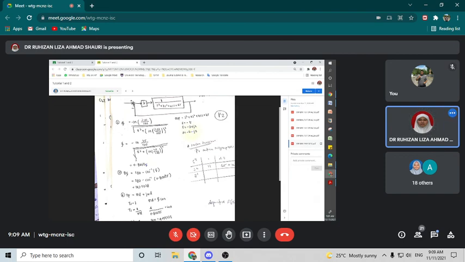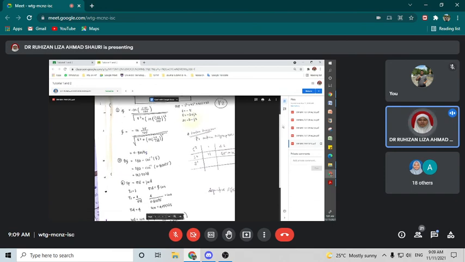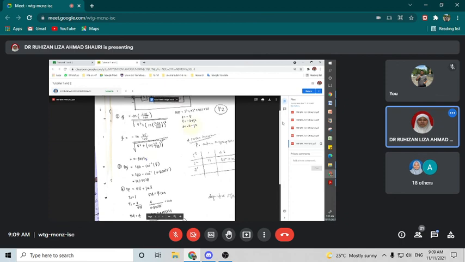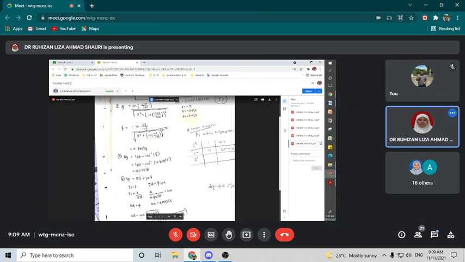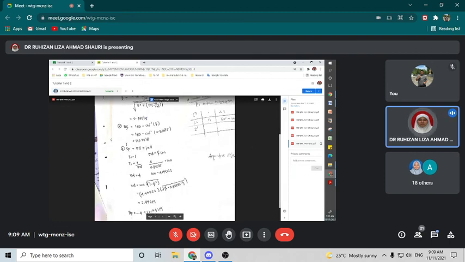Zita, it is 0.8. Yes, that's correct. Very good. And then using the theta there, and then you use the, is it tangent?